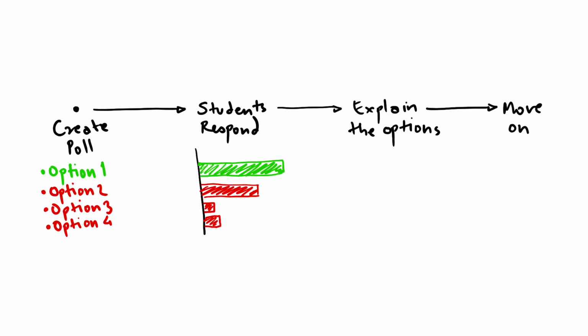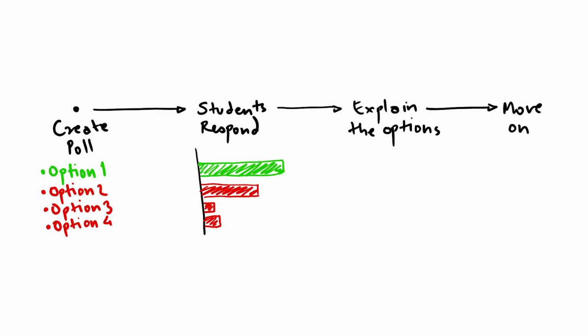You post responses that you know are wrong, and then you have that one correct response, and you expect students to click on the right answer. As a lecturer, you address why that answer is correct, and you move on.